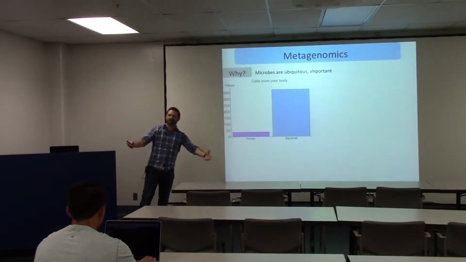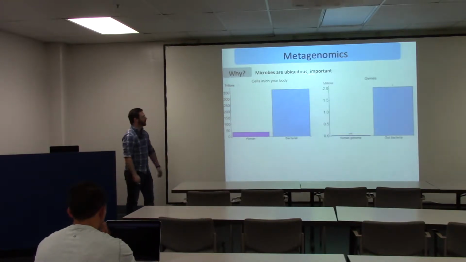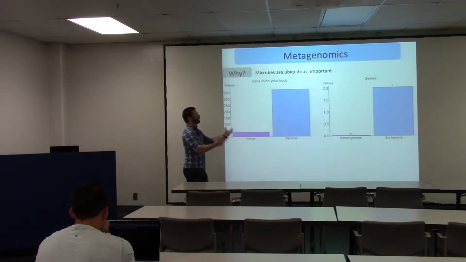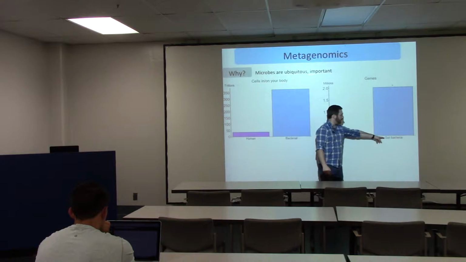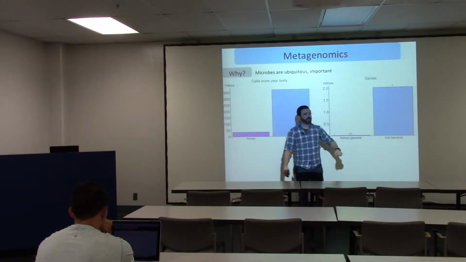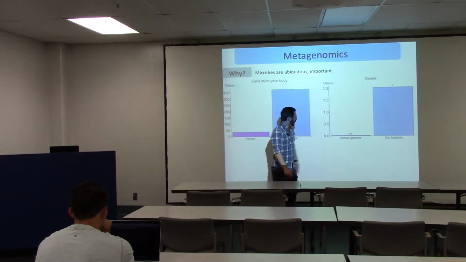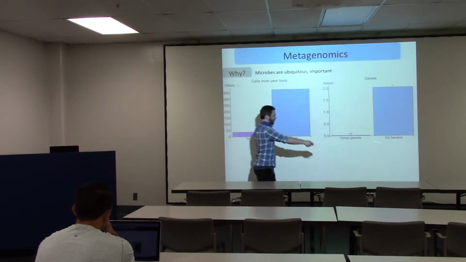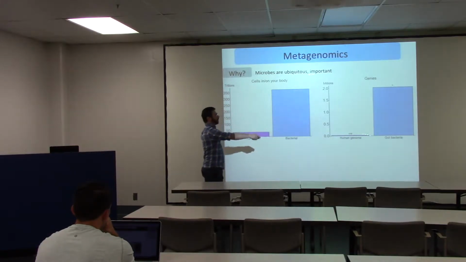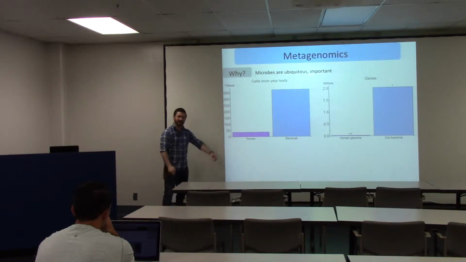So by some orders of measure, you are more bacteria than human. There's also a whole lot of coding potential in bacteria. In fact, if we look at just the bacteria that live in your gut, there are about 2 million different genes in there, and if you look at the human genome, there are about 20,000 genes. So even just the bacteria that live in your gut can do a whole lot more than what your genome can. So they've got to be pretty important.